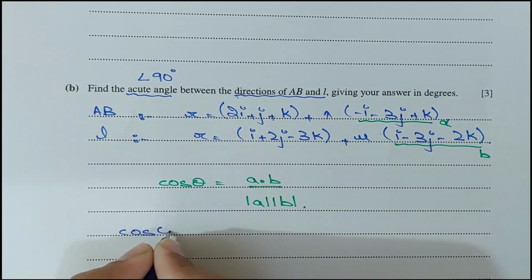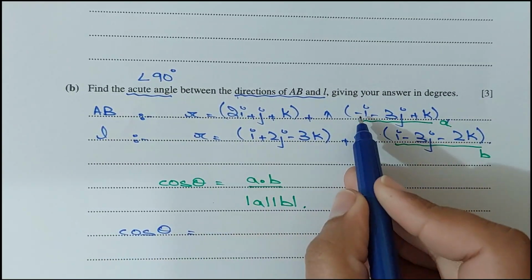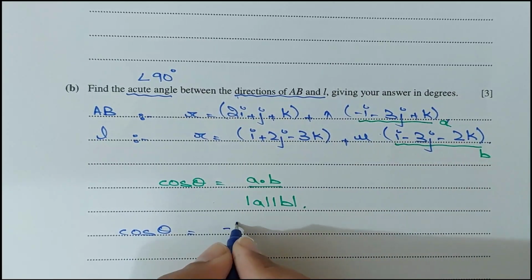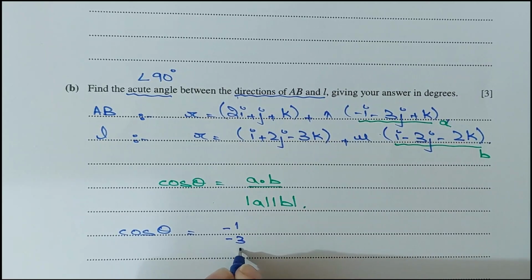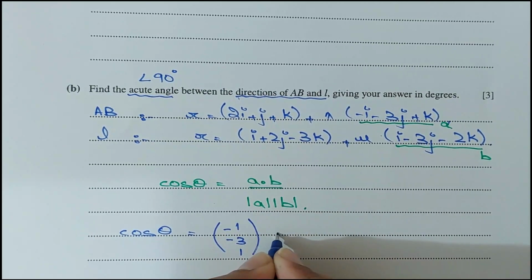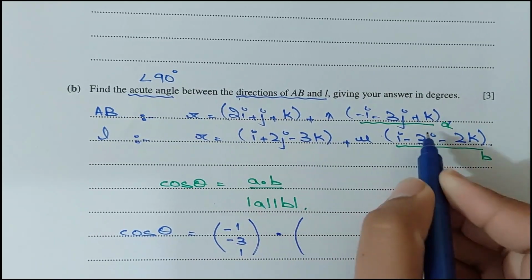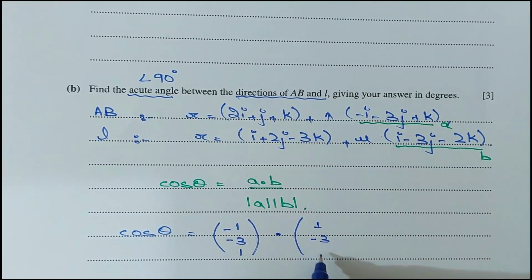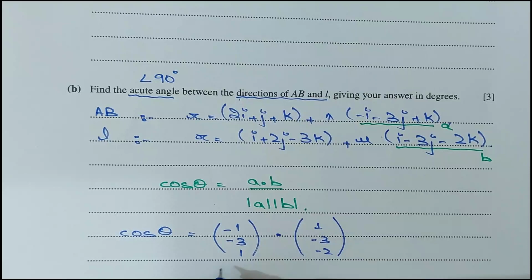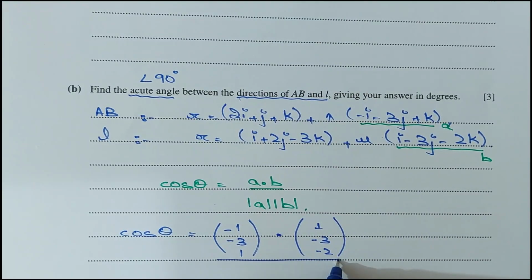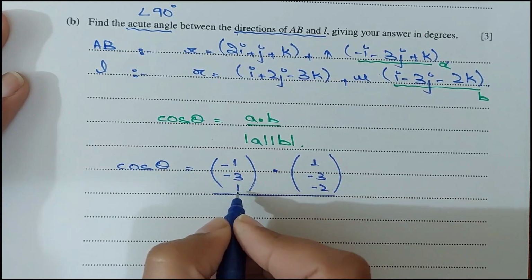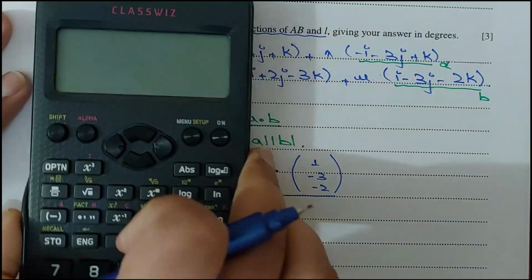Cos theta equals, the first direction is minus 1, minus 3 and 1, dot product with 1, minus 3, minus 2. This is divided by the magnitude of the first direction, 1 square, 3 square and 1 square, under the square root.